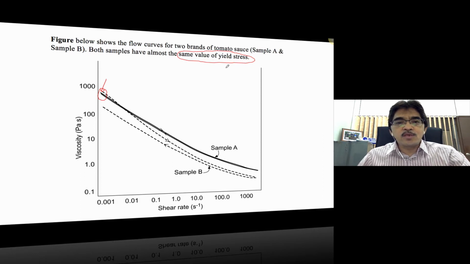Yield stress is the minimum stress, or the minimum force, that we require to initiate flow. So both sample A and B would require the same initial stress or force to start the flow. This is a very important piece of information. Okay, so let's see what the question is.